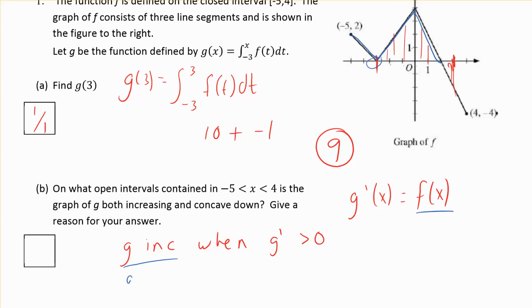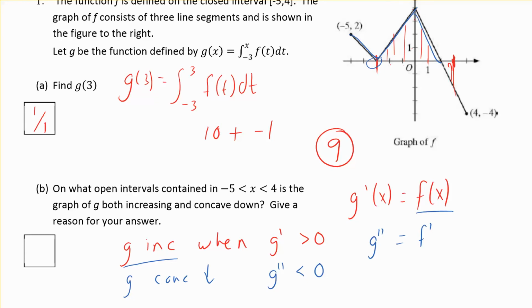Where is g concave down? When g prime is decreasing. What is g double prime? That's equal to f prime. F prime is the slope of f. So when is the slope of f negative, or going down?